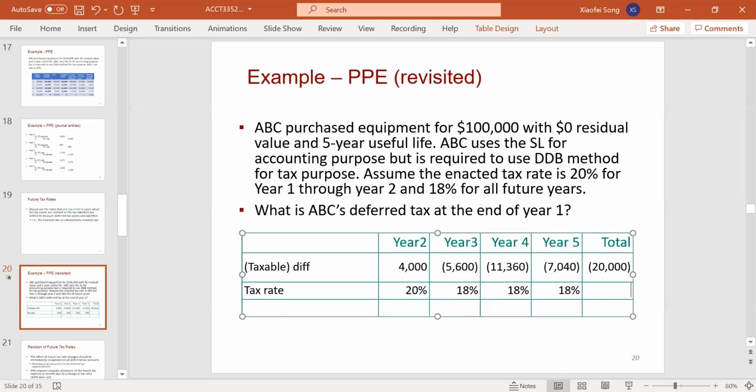Okay, so deferred tax liability is calculated at 800, 1,008. This is deferred tax liability. And here is 2,045, and here is 1,267, and so our total deferred tax liability is 3,500.